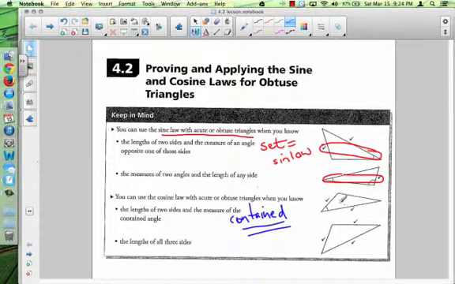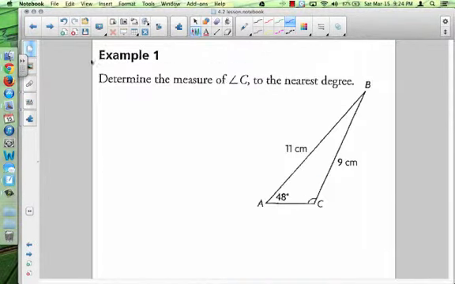There it is, the length of two sides and that contained angle. Or you know the length of all three sides, because if you know the length of all three sides, then you're finding an angle and every single angle would be contained.